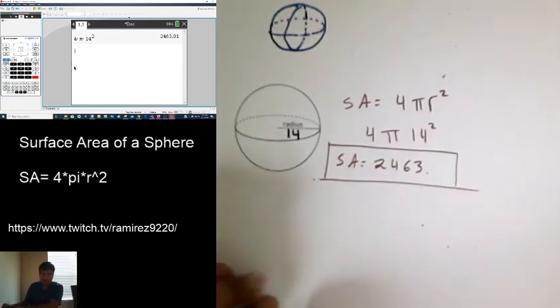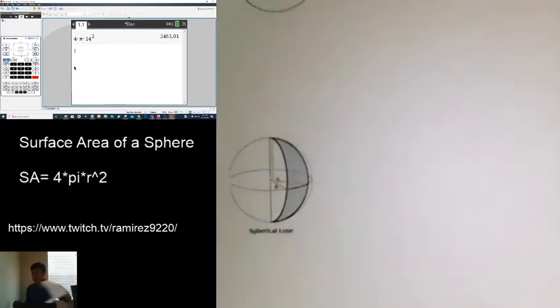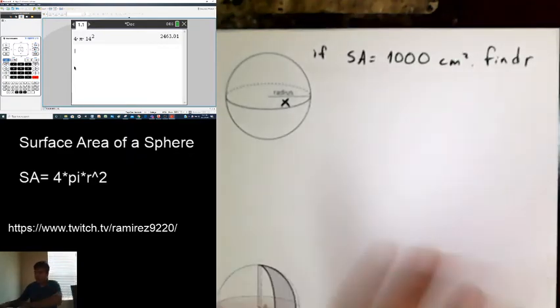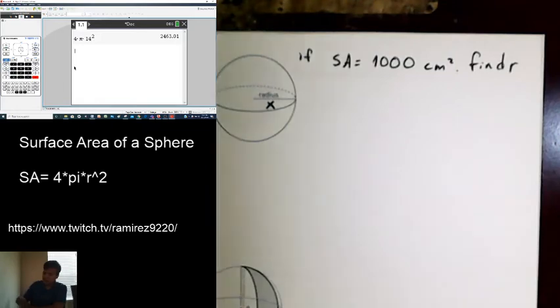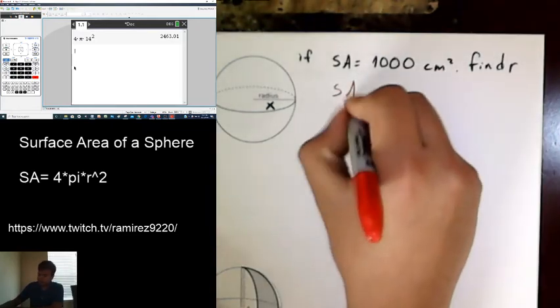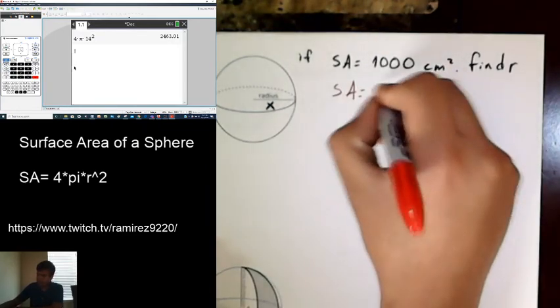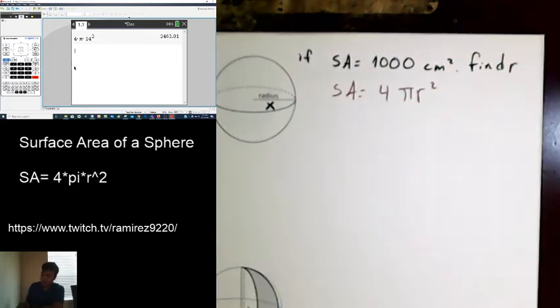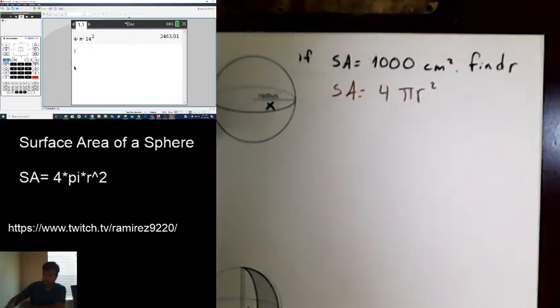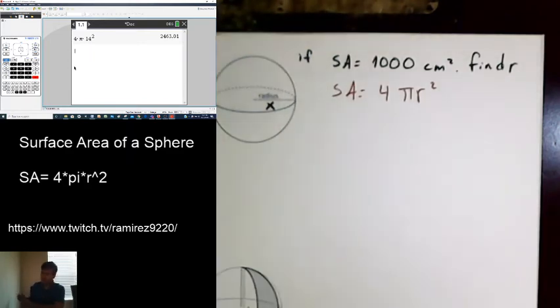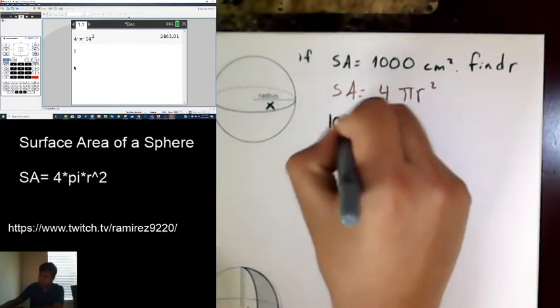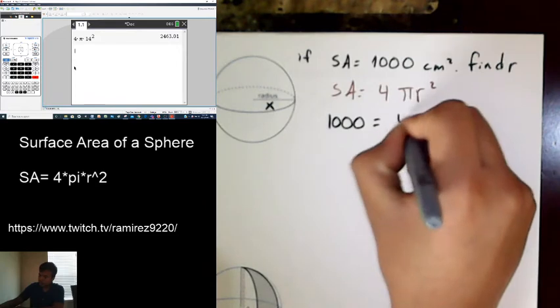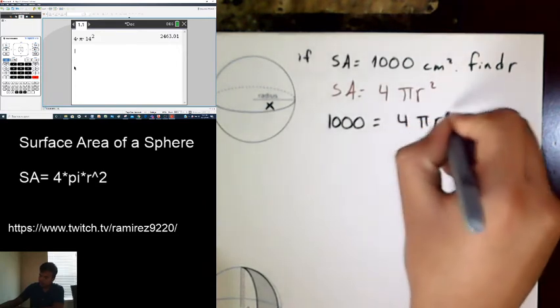I'm going to go ahead and give you an example now where we work backwards. What if I give you the surface area and now you have to find the radius? So if you knew that the surface area was 1,000, keeping in mind that the formula is, again, 4 pi r squared, and you had to find the radius, well, simply substitute. 1,000 must be equal to 4 pi r squared.